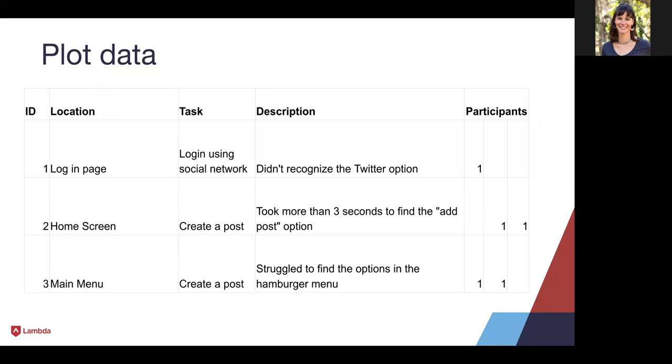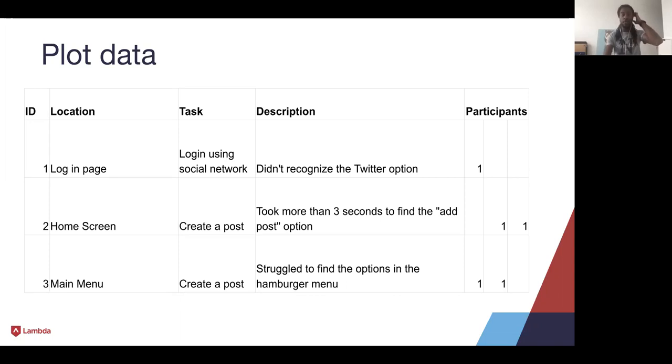So the column that has your participants to the right, and they have the number 1 in there, you can use whatever symbol you want to indicate that they had an issue with this. Yeah, you can do like a tally, a dot, something. For this one, we had 3 participants.